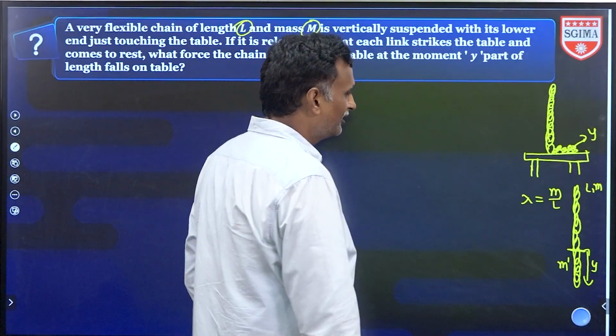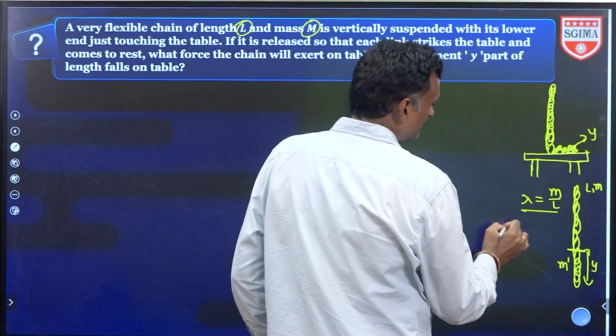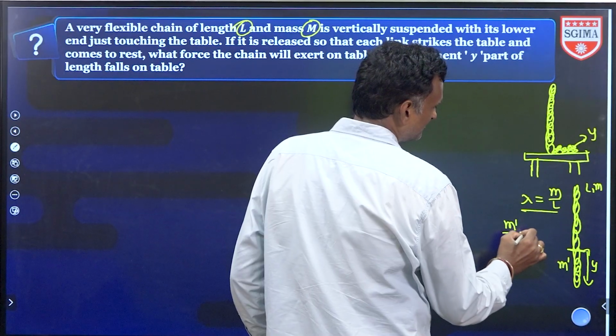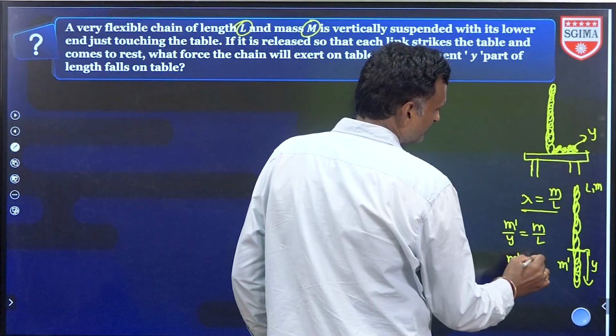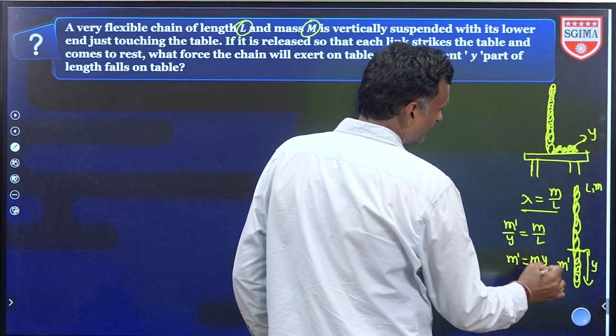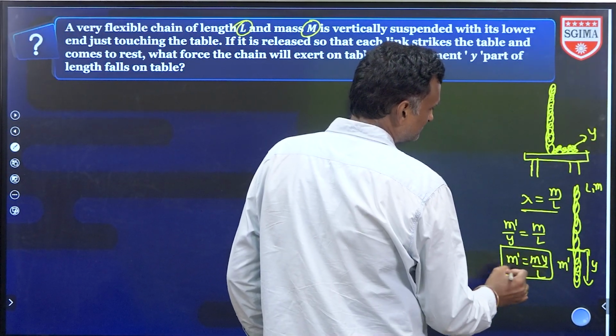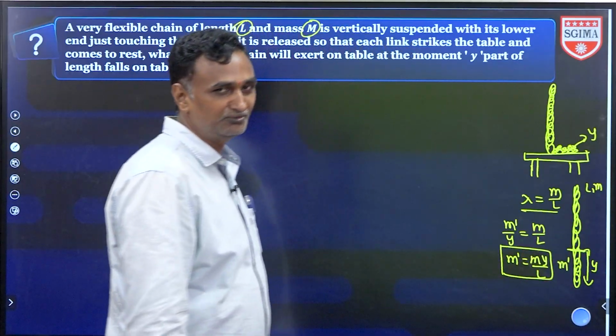Okay. So what can I write from this formula? m prime by y equals m by L. So m prime equals m y by L. This is the mass of chain that falls on the table.